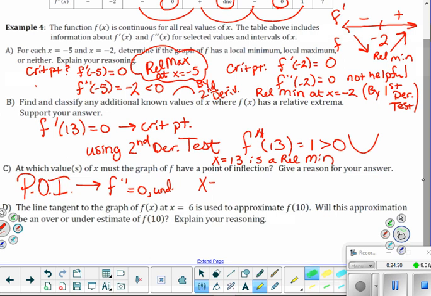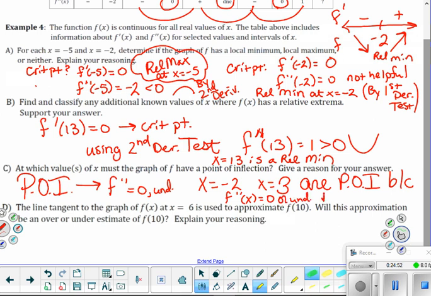I'm going to say x equals -2 and x equals 3 are POIs. f double prime of x equals 0 or undefined, and f double prime changes sign at each, x equals -2 and x equals 3. Perfect.